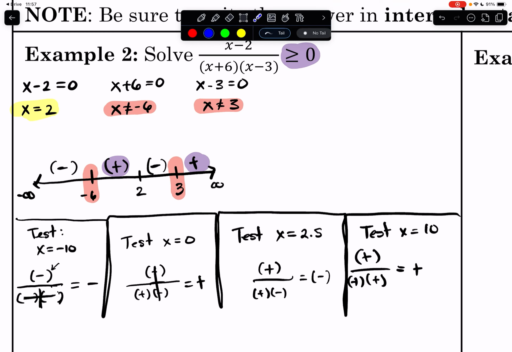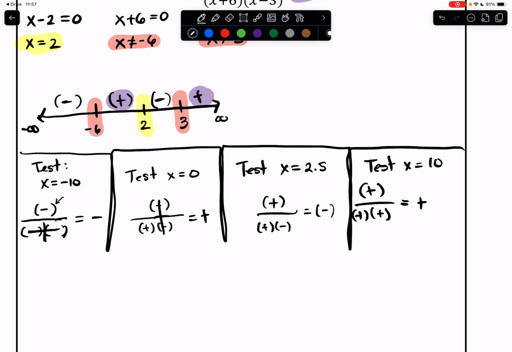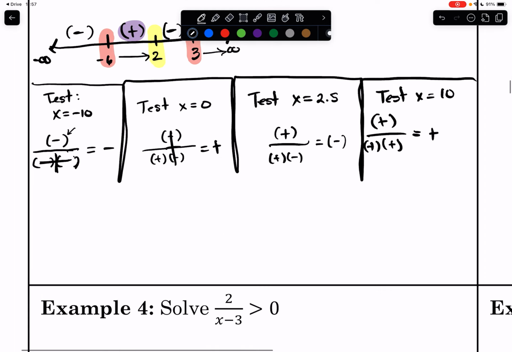The only 0 I have is 6. So the only number I'm allowed to include, okay, is going to be this one right here. Everything else is supposed to have a parenthesis, and the only number that's going to have a bracket is the number 2. So on the interval here that is positive is from -6 to 2 and 3 to infinity.